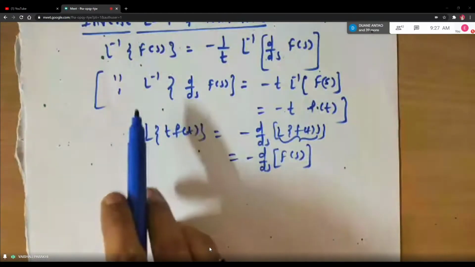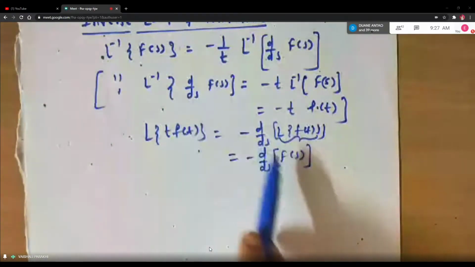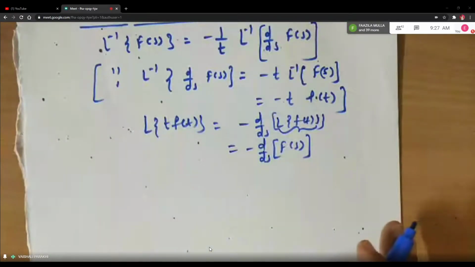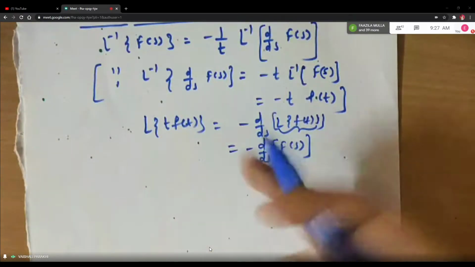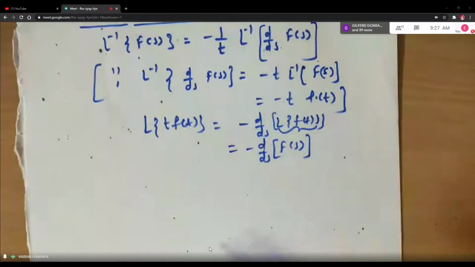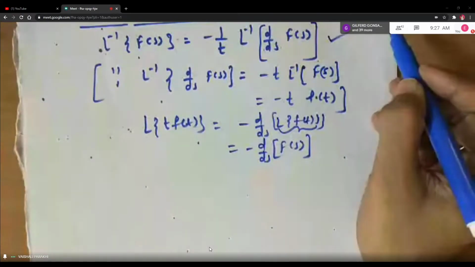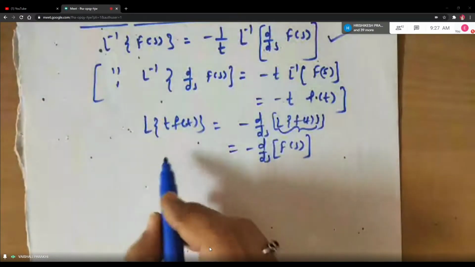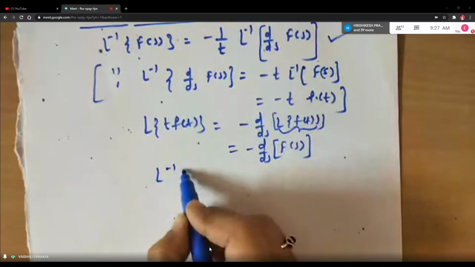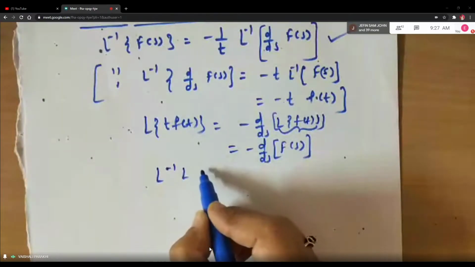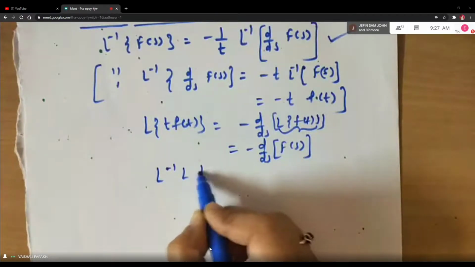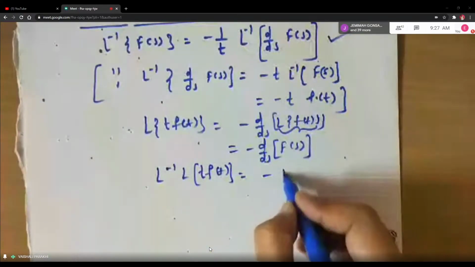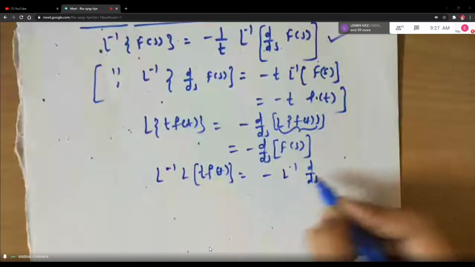So see what is done, students. I'm taking L inverse on both sides, isn't it? This is just the explanation of how I got the formula in L inverse. In the original formula, I take L inverse on both sides: L inverse of L of t into f of t on the left hand side is equal to minus L inverse of the right hand side.